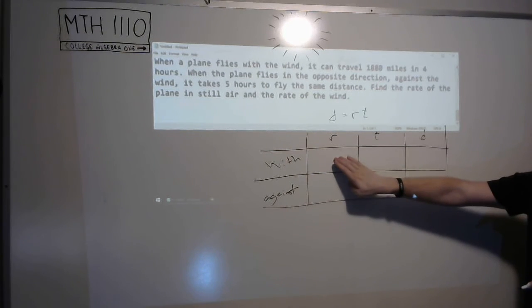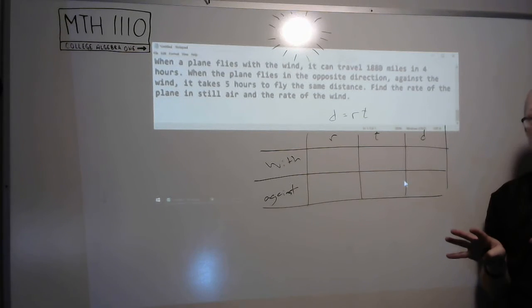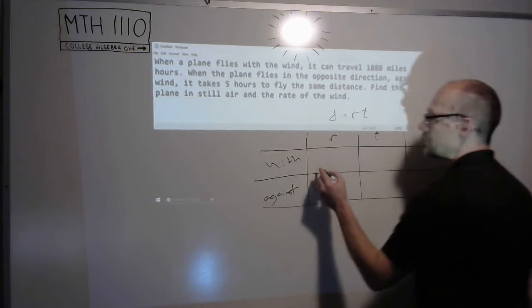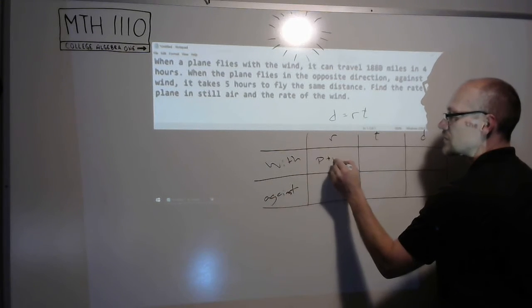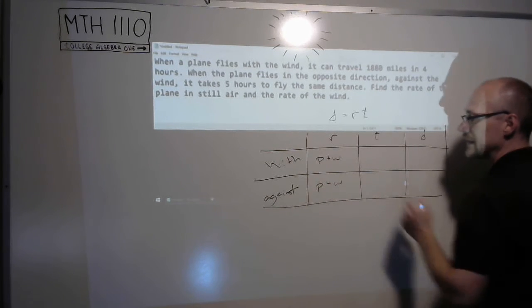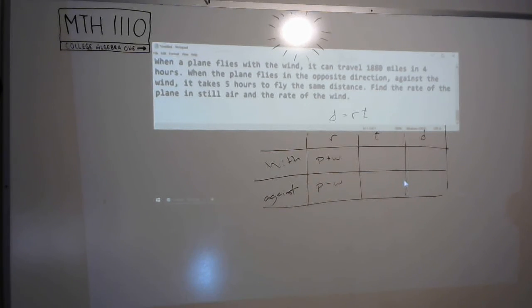The rate with, okay, so the plane has a speed, and when the wind is pushing it, it's going to go faster, right? So we have the plane plus the wind, and we have the plane against the wind, right?